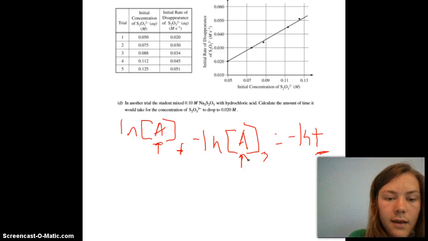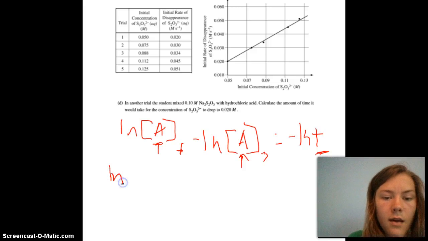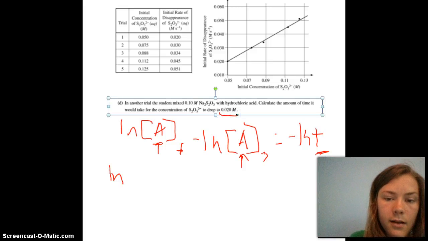So we're going to have the natural log of the final concentration of A, so that's the 0.020.